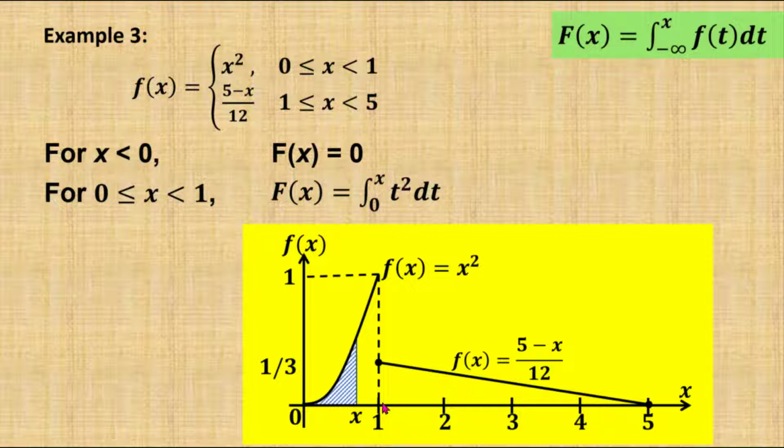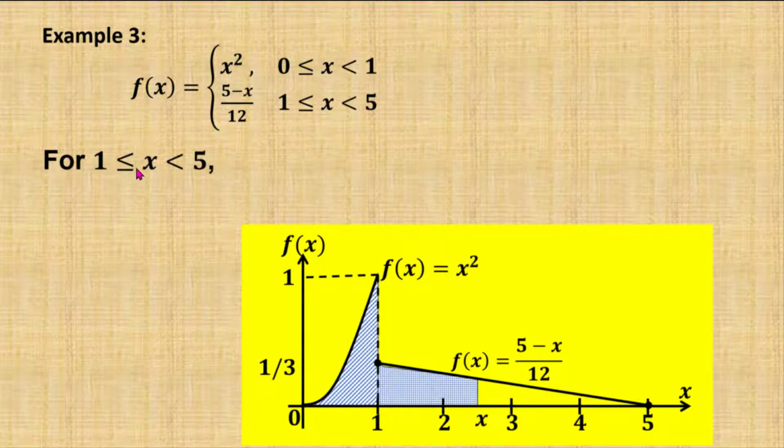When doing integration, the lower limit is equal to 0 and the upper limit is equal to x, not equal to 1, even though the density function x power 2 is in the interval 0 to 1, because the area of the cumulative function is up to the value of x, not the whole interval. After the integration, substitute the t with the value of x, and then we get x power 3 over 3.